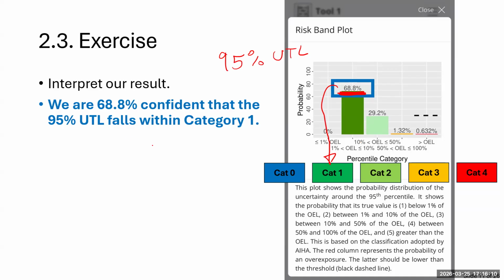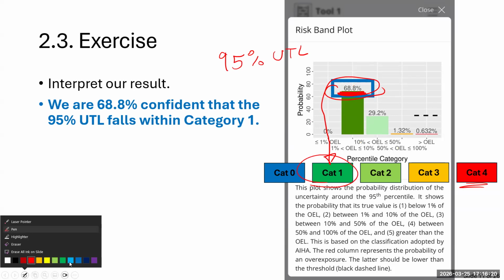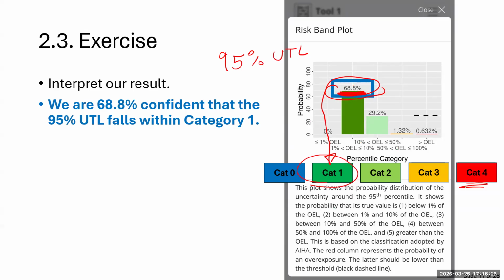There are different ways we could word that, but it's basically the probability, the chance that it happens to be in here. Anything that's below category 4, we are pleased to have this in any column below category 4.